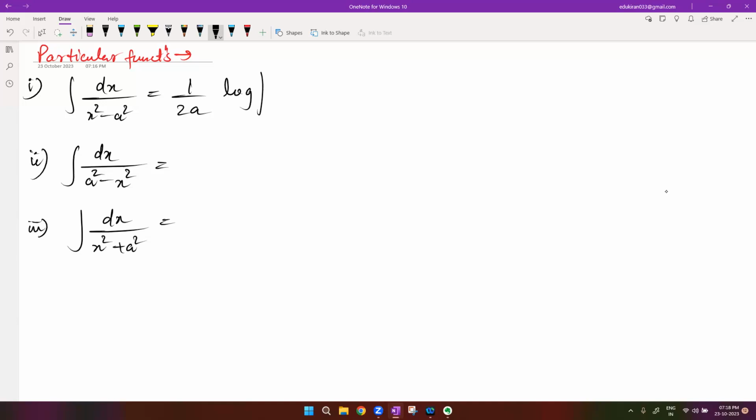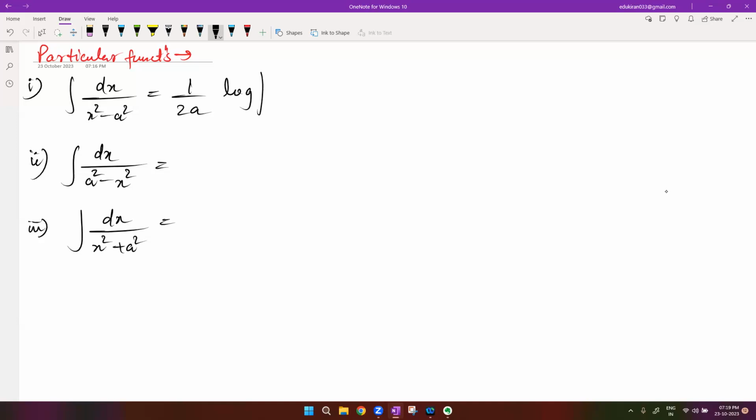The first is variable square minus constant square, the second is constant square minus variable square. If you see, the first and second are the same only. The second one is just the negative of the first one, minus times the first. Your second expression is nothing but minus times the first expression. That is what I am saying.